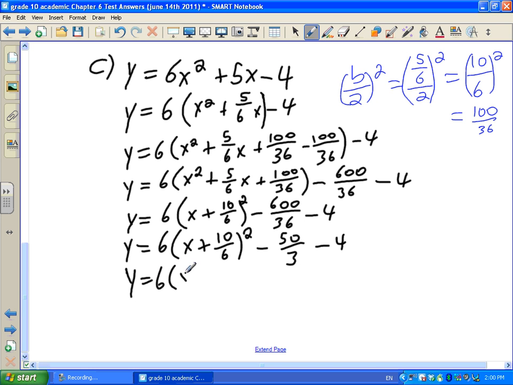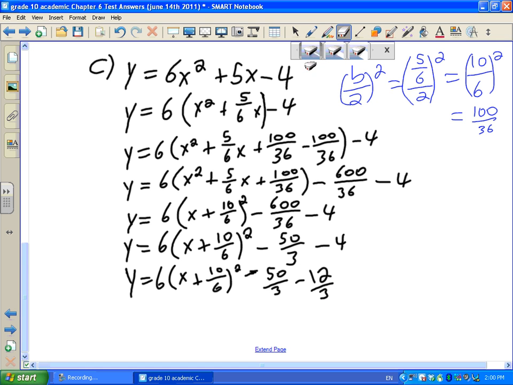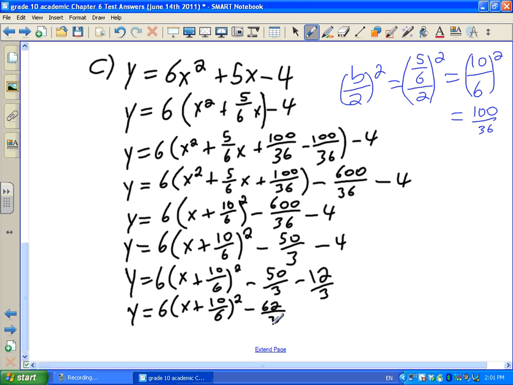Y equals 6, bracket x plus 10 over 6, end bracket squared, minus 50 over 3. And because I changed this common denominator to 3, it'll be minus 12 over 3. Now I can easily subtract the fractions. Negative 50 minus 12 is negative 62. So our next line reads y is equal to 6, bracket x plus 10 over 6, end bracket squared, minus 62 over 3.